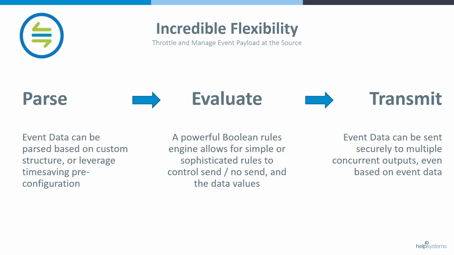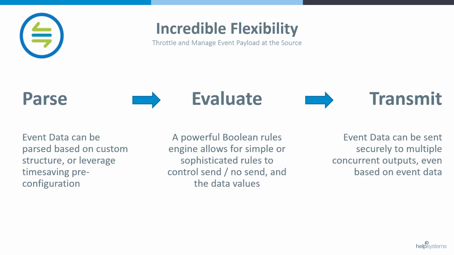The benefit of the SIEM agent in its current form is that it is incredibly flexible, which gives us the capability of being able to throttle and manage that event payload all the way back at the source. We start by parsing that information. Again, think of the IBM Audit Journal as a big flat file. The data that is stored within that is just a mass of data.